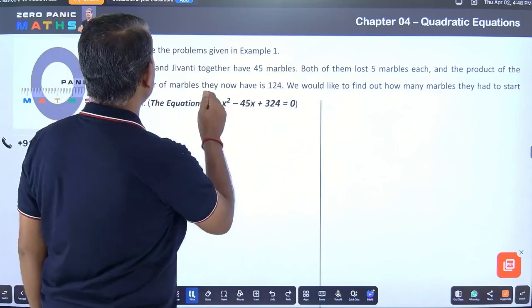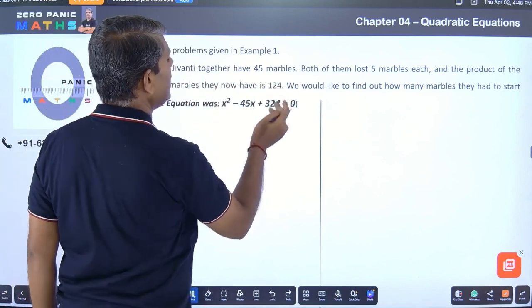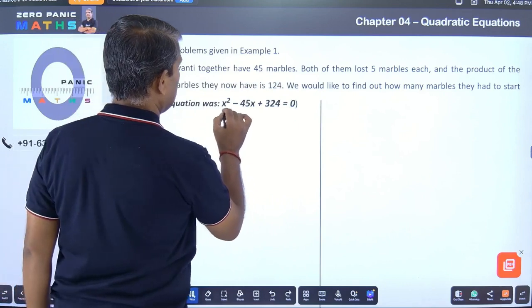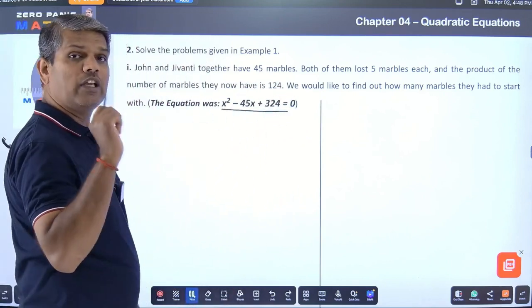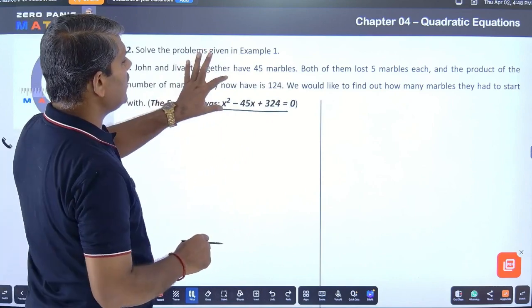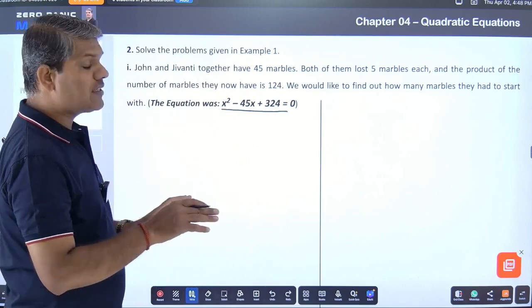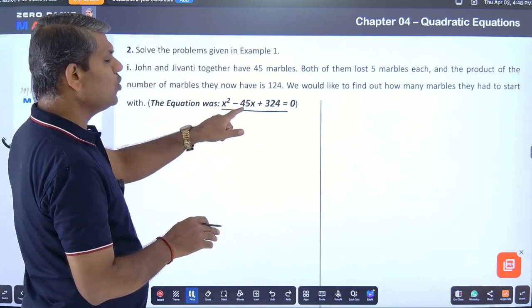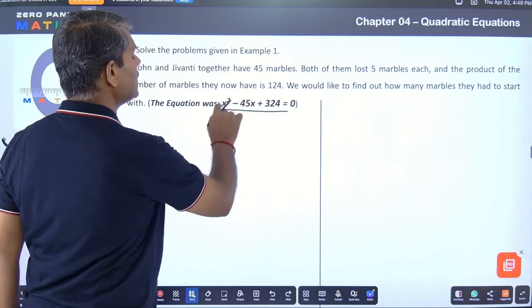In that session we discussed this problem and framed this quadratic equation. So in this session we are actually finding the solutions to this, not forming the quadratic equation.